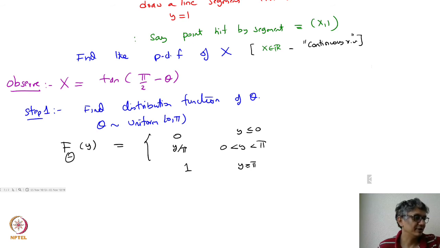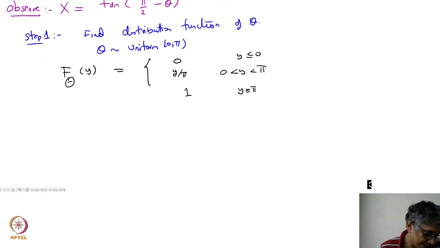That's the distribution function of theta, linear in between. What's step 2 now? Step 2 we discussed was to find the distribution function of x.